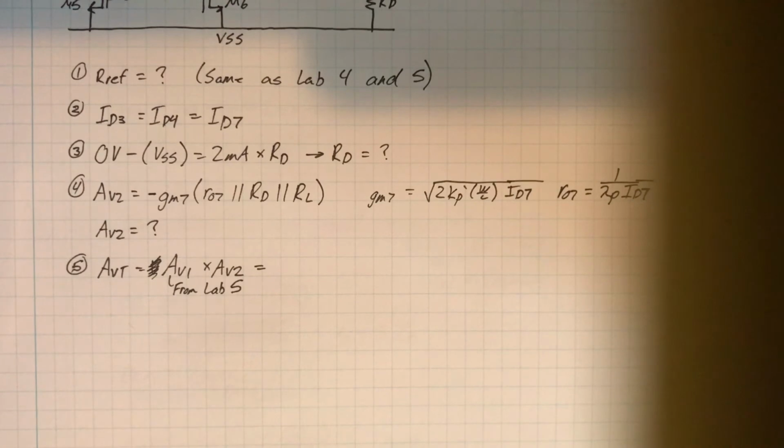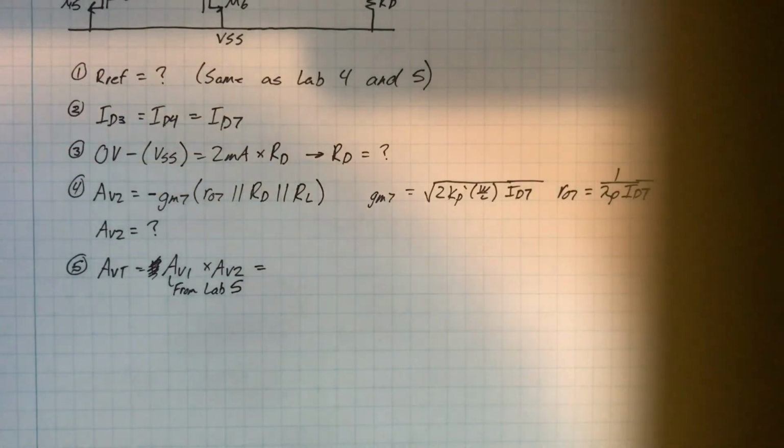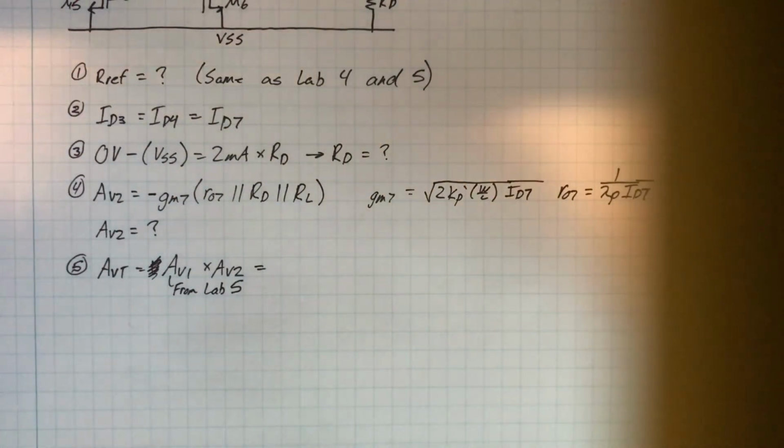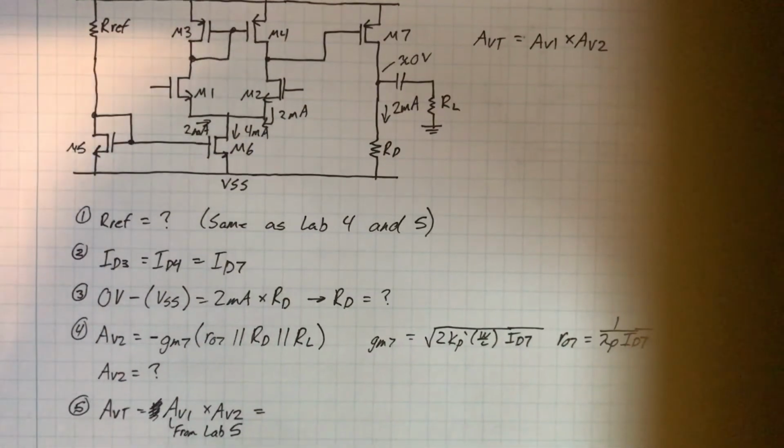And that's it. The next part says calculate the minimum value of VCOM that is needed to ensure proper operation of the differential amplifier. You did this for lab 5 already. It's just here basically to note that there's a minimum value at the inputs before you drive M6 into triode.